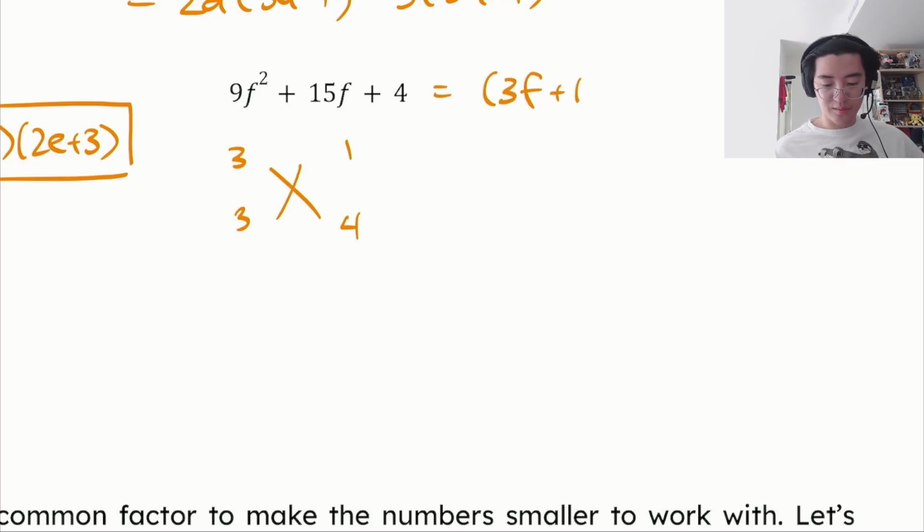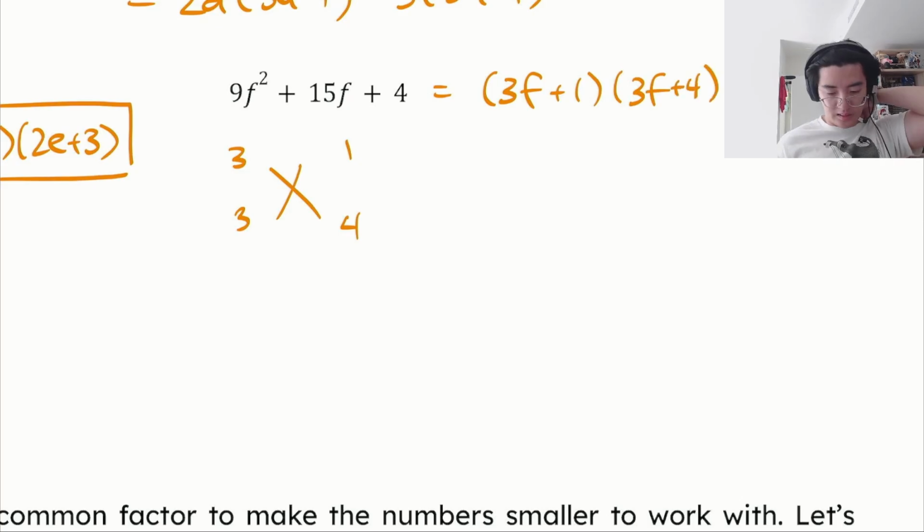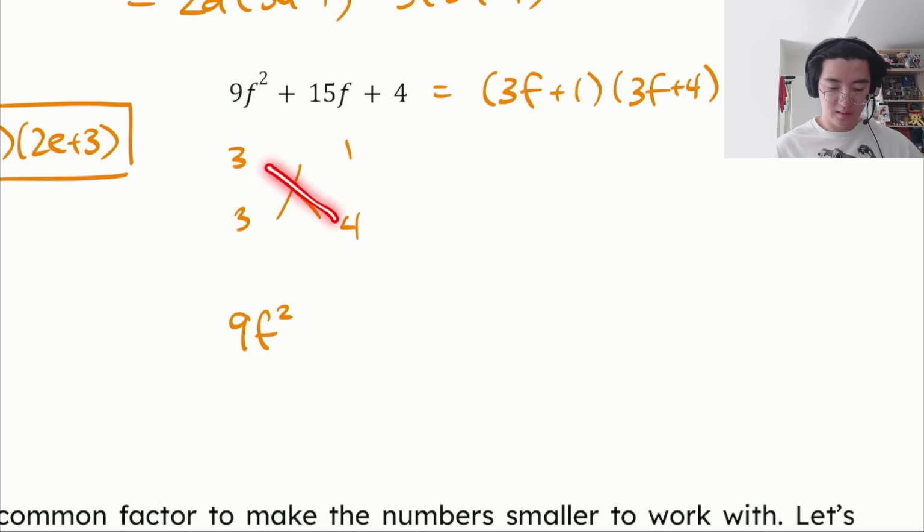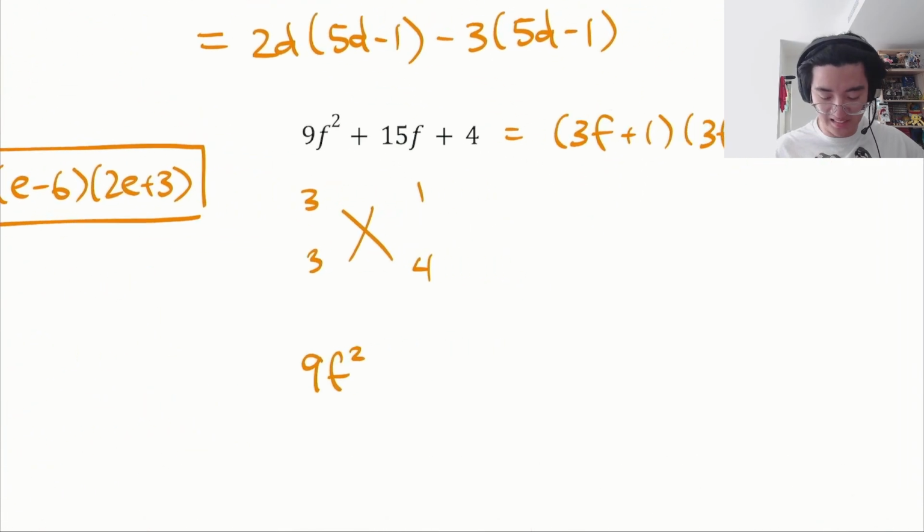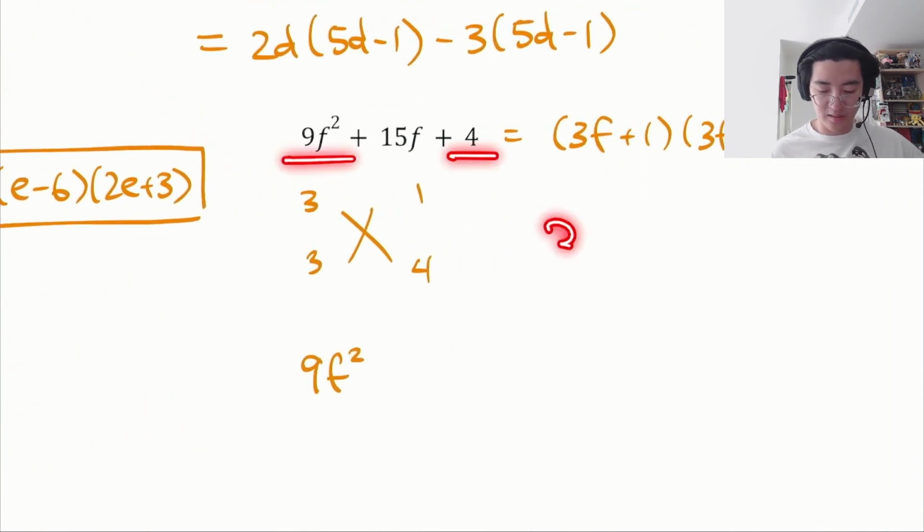So 3f plus 1, 3f plus 4. We got decomp. Okay, from the decomp, we got that and that. So we have 3 and, we got 36 again. We have a lot of 36s here today. Alright, so those multiply to 36.